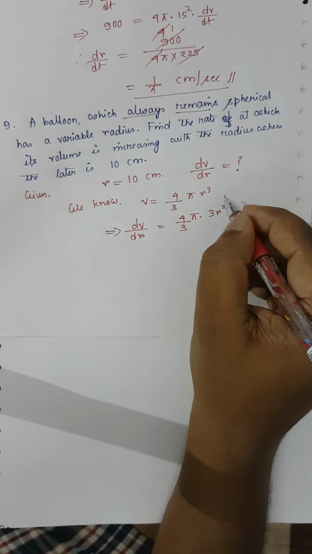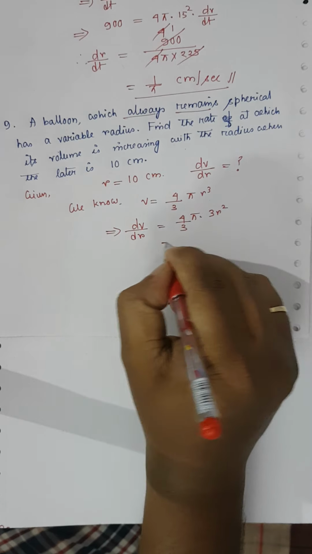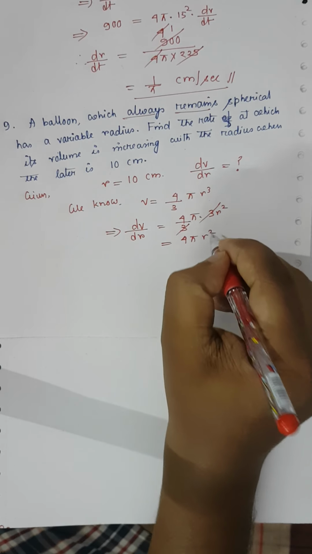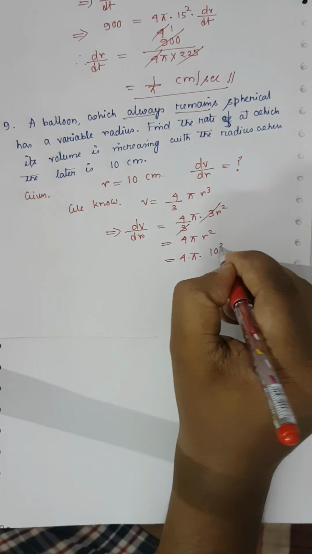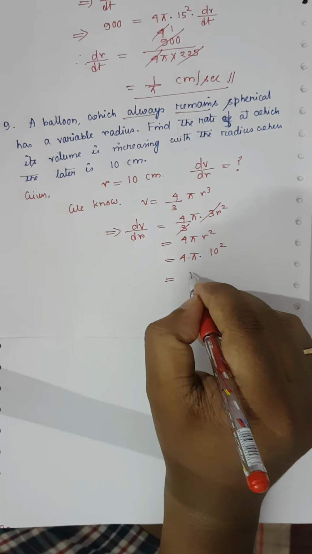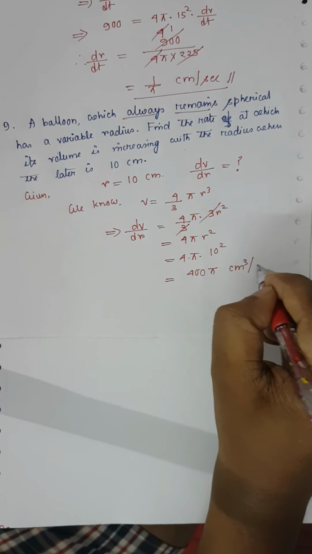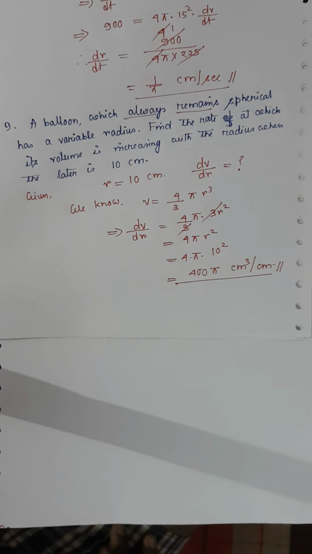Now we are differentiating r cube with respect to r, so it is 3r square. 3 cancel, so 4 pi r square. 4 pi, the value of r is 10, so it is 10 square, so it is 400 pi centimeter cube by centimeter. This is the rate at which the volume of the balloon is increasing with respect to radius.